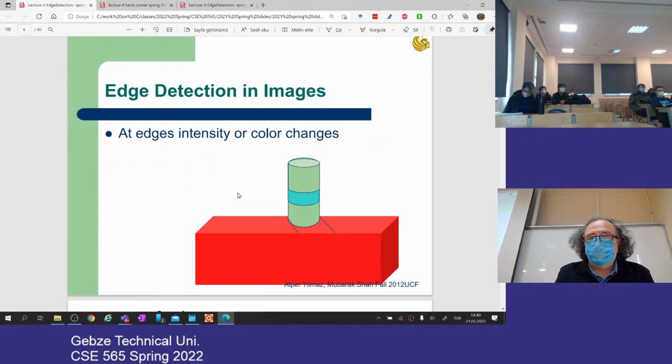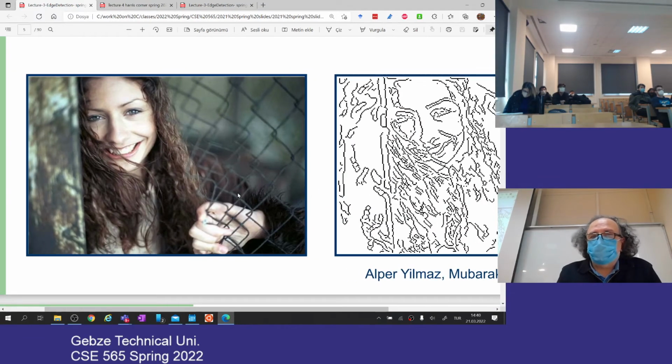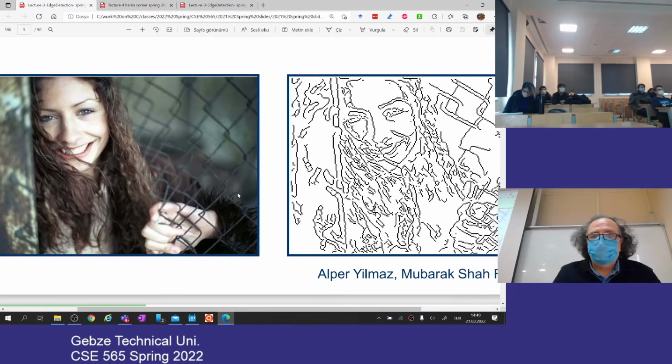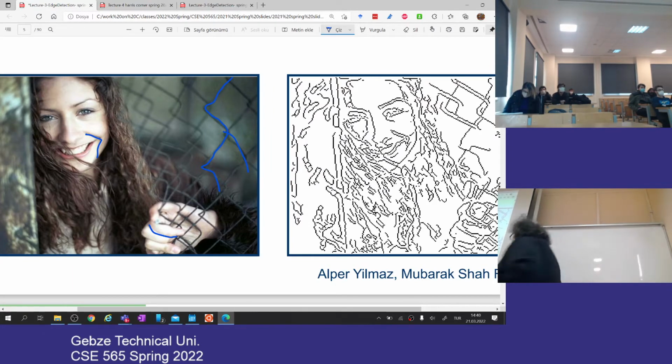For example, if you look at this color image, a sudden change of intensity happens around these fence curves, right? Around the mouth of this person, between the fingers, like that. So these are the places where we see the sudden change of intensity.